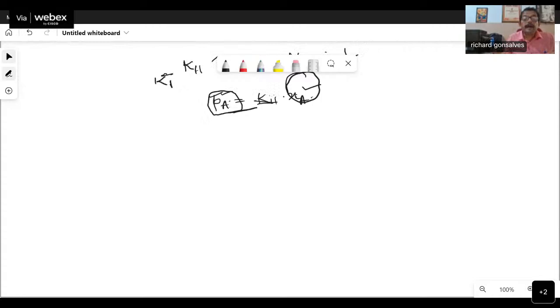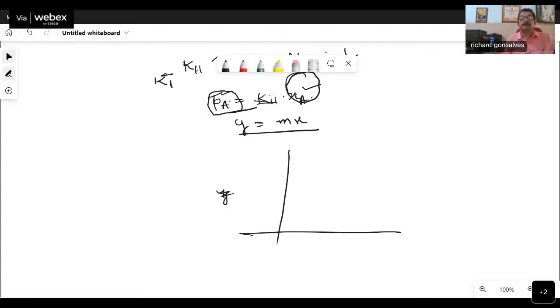Is it not of the type y = mx? You know how I plot y = mx. A graph can be plotted. Here you can say partial pressure, here you can say XA. You should get a line passing through the origin, correct?